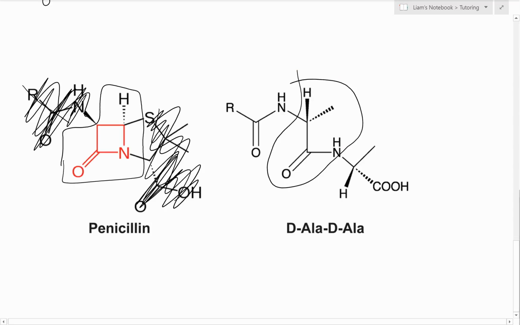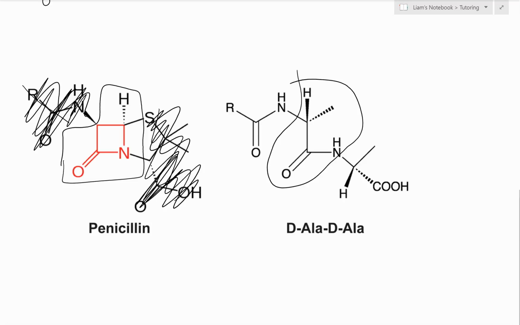So what happens is if a bacteria is susceptible to penicillin, its transpeptidase, instead of binding this D-Ala D-Ala bond, comes in and binds to this penicillin beta-lactam ring. Whereas when the transpeptidase binds the D-Ala D-Ala bond, it can cleave it quite easily, with the beta-lactam ring, it binds to it and it binds irreversibly. And it can't cleave.